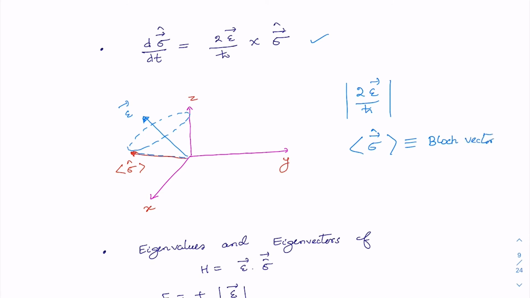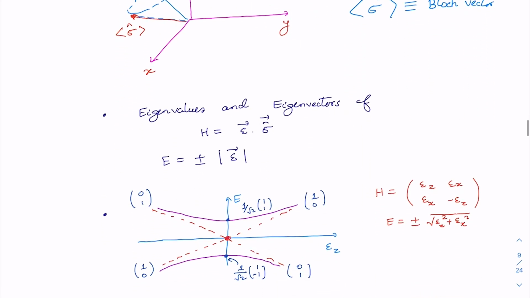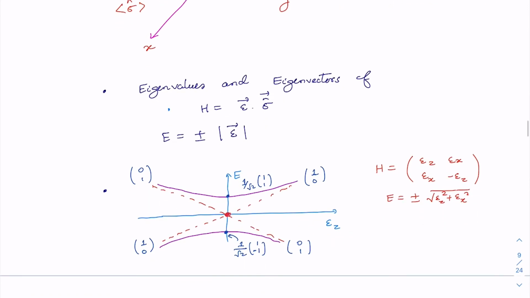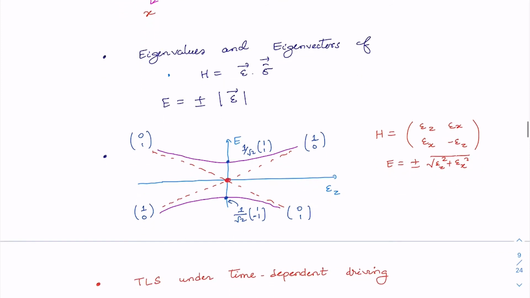Alright, then after that we worked out the eigenvalues and eigenvectors of this Hamiltonian, and we also discussed the so-called avoided crossing. We saw that when there is a non-zero term in the off-diagonal of the Hamiltonian, because of that the energy levels no longer cross, and that is what is called the avoided crossing.